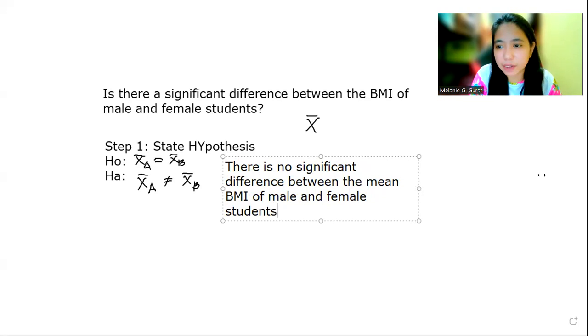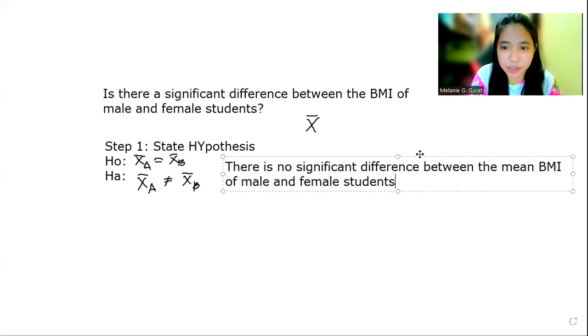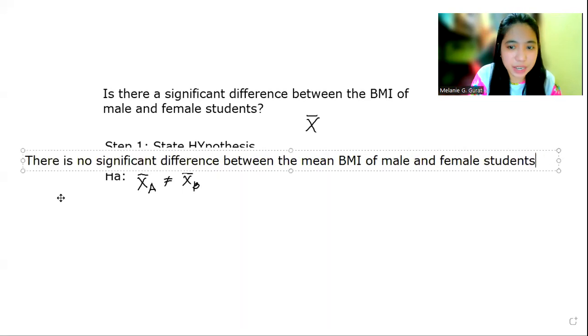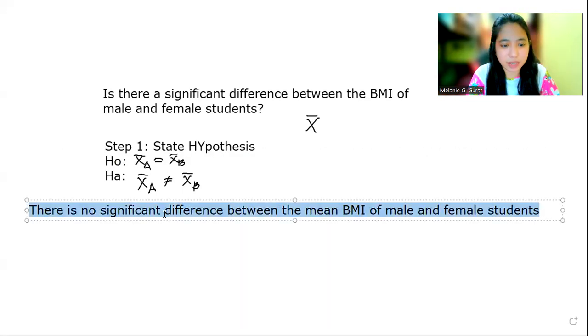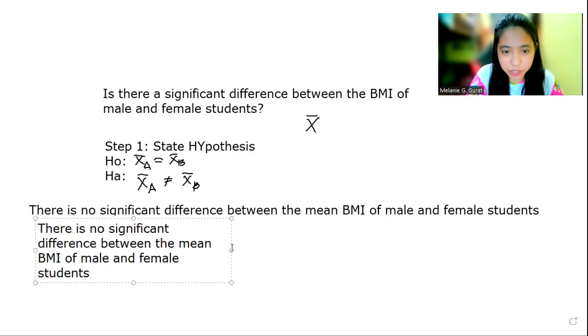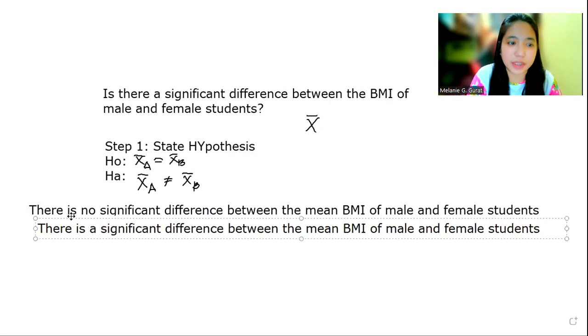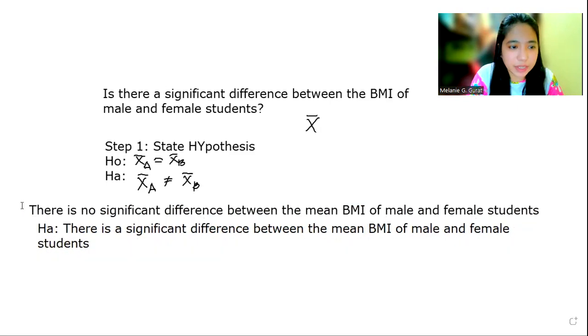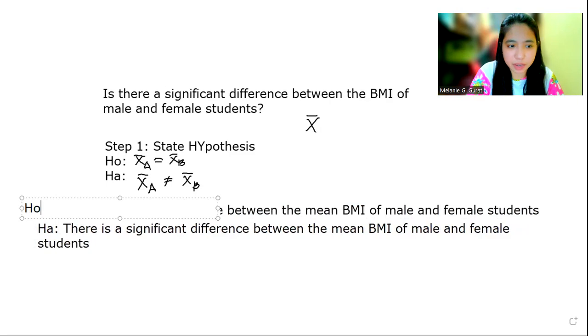While for the alternative, this is just the reverse of our null, which is also stating that there is a significant difference. So we can just copy this. As mentioned, this is our HA and this is our HO.